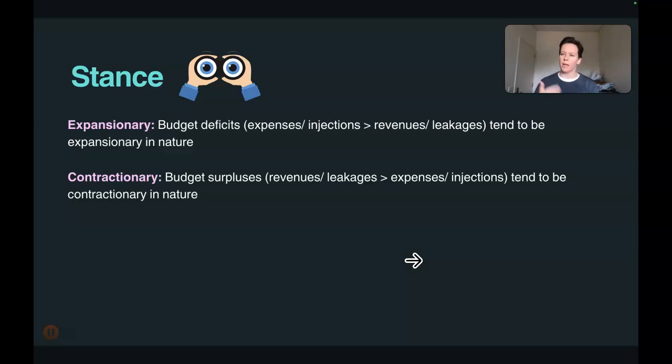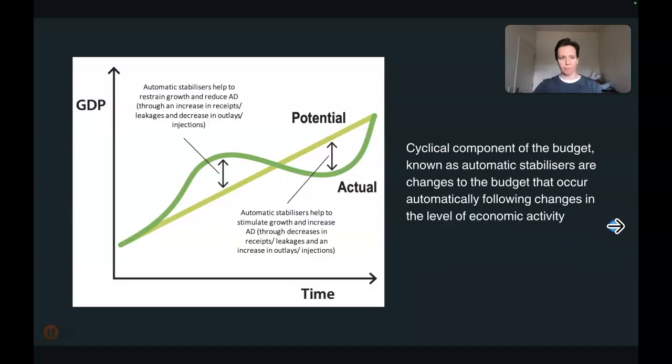You think, okay, a government budget deficit is going to be associated with the government trying to expand the economy. They're spending lots of money to stimulate aggregate demand. And the opposite is true. A positive budget outcome, a surplus, is associated with a contractionary stance because the government is taking money out of the economy, because it's trying to reduce aggregate demand, because the economy is running a little bit hot, okay?